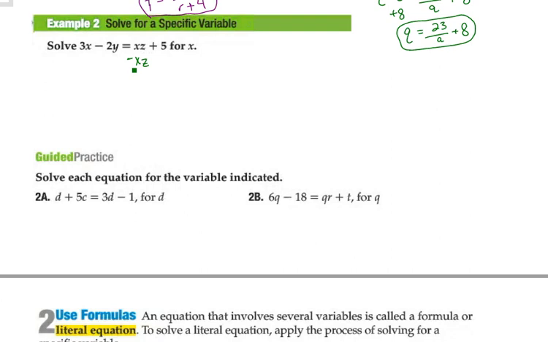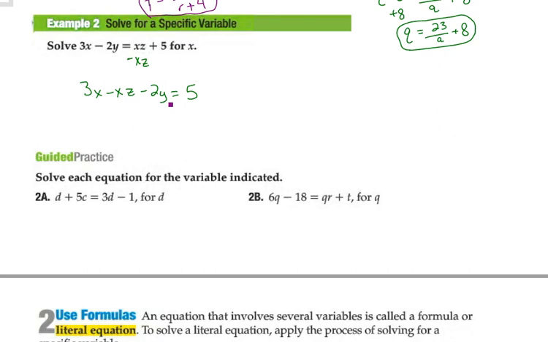All right, so we have 3x. I'm going to put the minus xz right beside it because I know those x's are together. Minus 2y, and that equals just a 5. So I have the x's on the same side. Okay, that's probably some good news. I have this minus 2y in the way, so I do want to get rid of that.